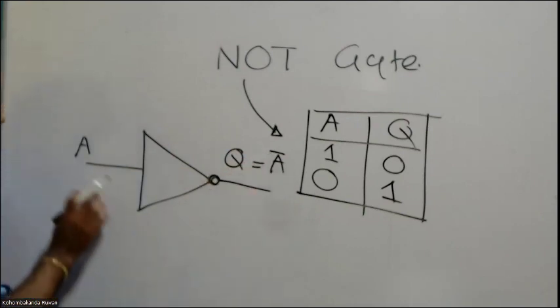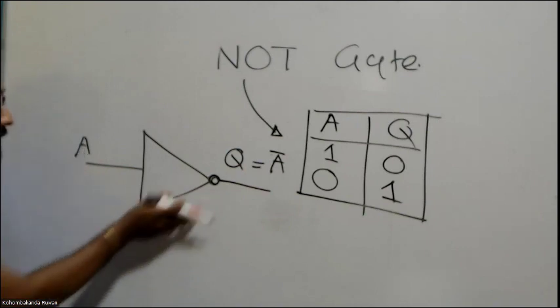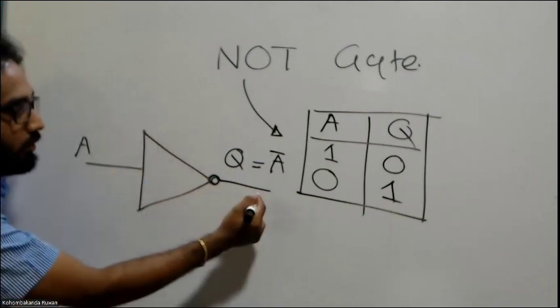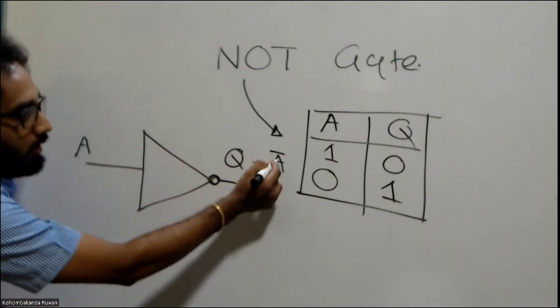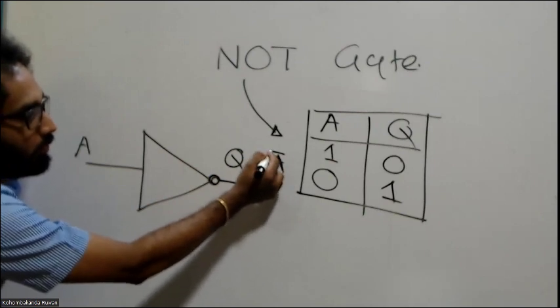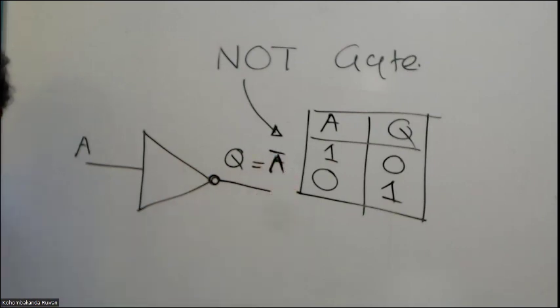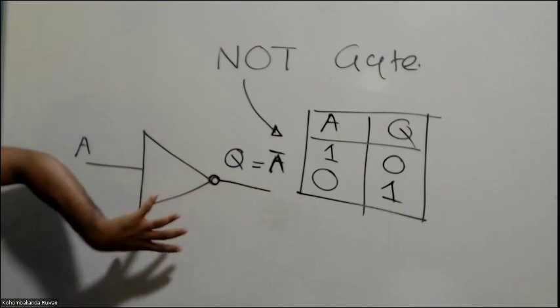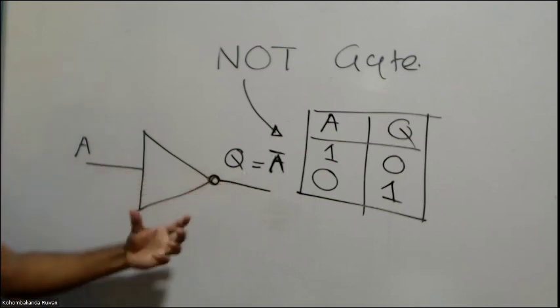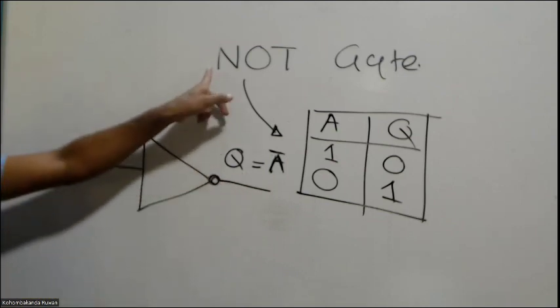This is the A input, this is the symbol. Like this, you get Q equals A negative. This is the Boolean expression and the symbol for the NOT logic gate.